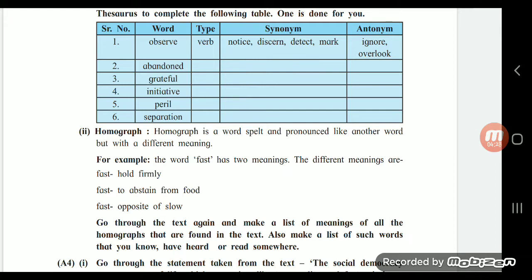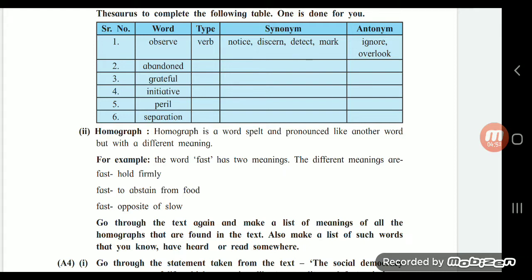Basically the spelling is the same and the pronunciation is the same, but it depends upon the context in which the word comes. So according to the context, it has a different meaning.